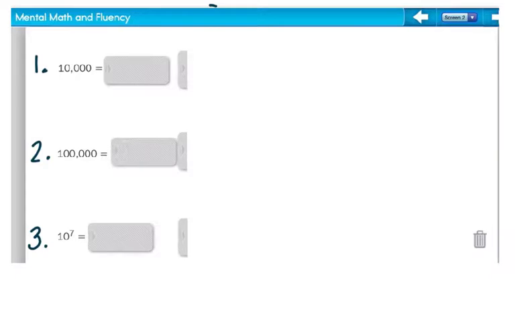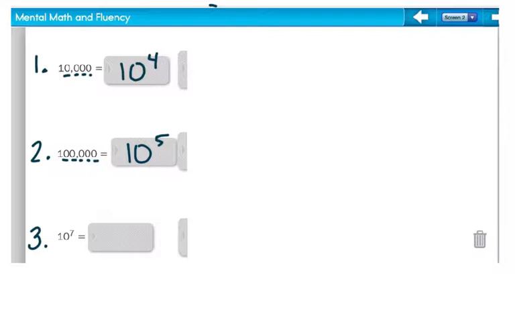So number 1 would look like 10 to the fourth power. Number 2 would be 10 to the fifth power.